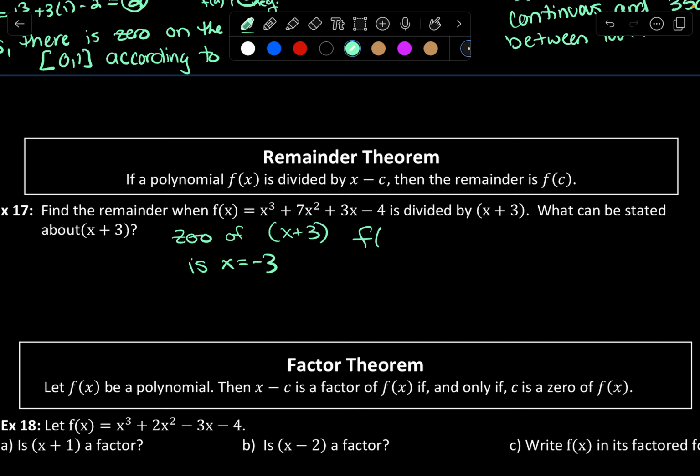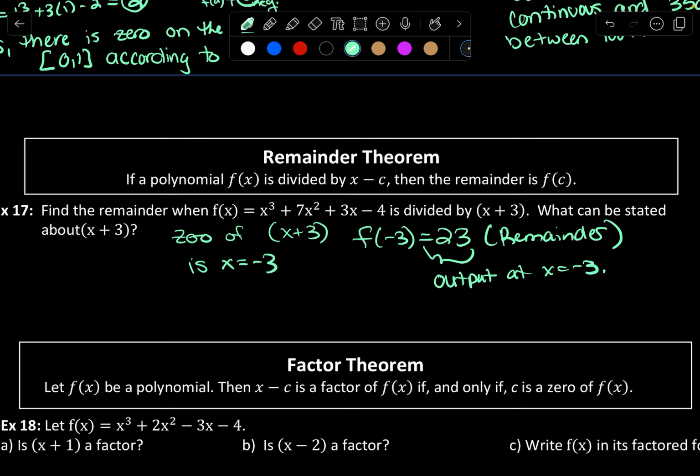So f of negative 3 is equal to, I plugged it into the calculator, I got 23. So if we were to synthetically divide x cubed plus 7x squared plus 3x minus 4 by x plus 3, we would have a remainder of 23, which is going to be the same as the output at x equals negative 3.